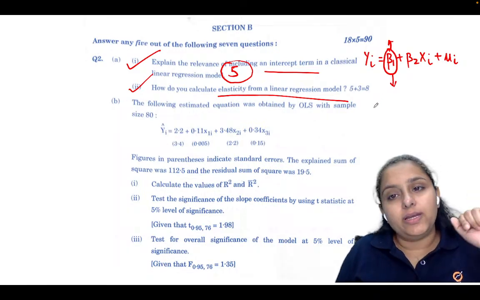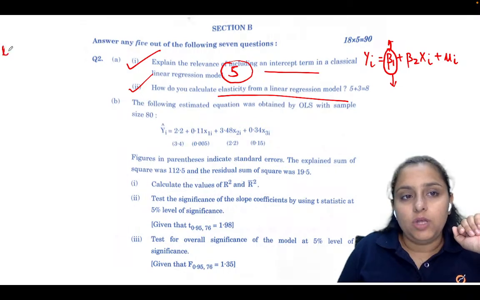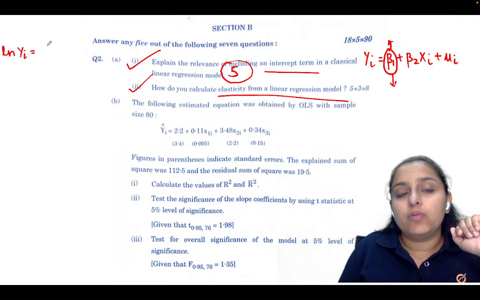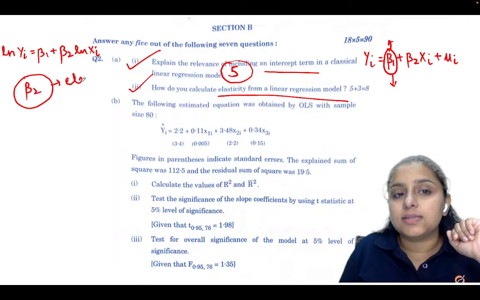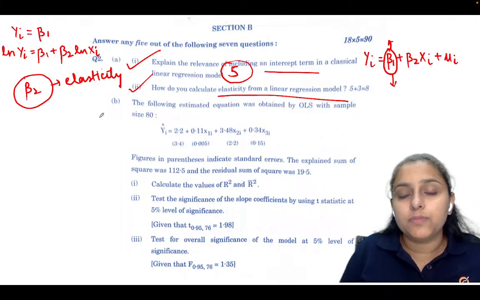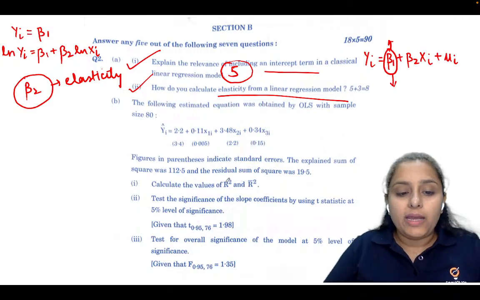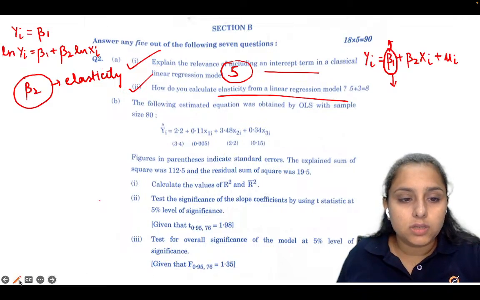For calculating elasticity, we have a double log model: log yi equals beta 1 plus beta 2 log xi. Here beta 2 measures the elasticity of y with respect to x. But how do we get this equation? It's like this: yi equals a xi to the power beta 2. We do not write beta 1 here because we need to take the log.